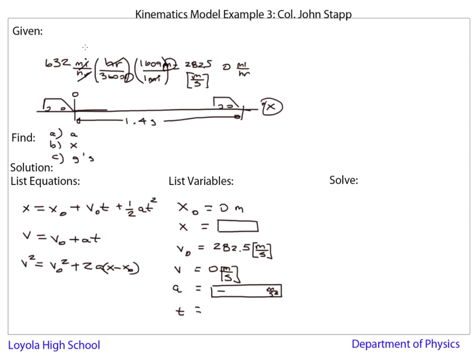Negative because my initial velocity points to the right, or in the positive direction, because velocity is a vector. And so to slow down, my acceleration has got to point the opposite direction to counteract the velocity. If acceleration pointed in the same direction, it would speed up the sled. But we're slowing down, so the acceleration vector must point in the negative direction. So I know it's going to be a negative number. And the time I have down here is 1.4 seconds, so I know that.